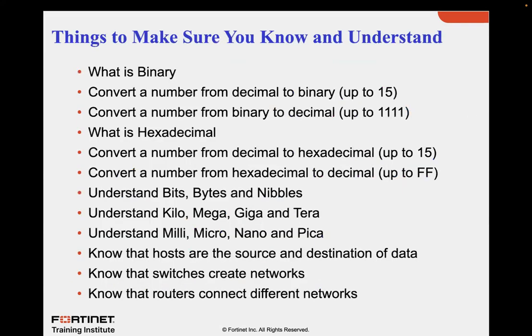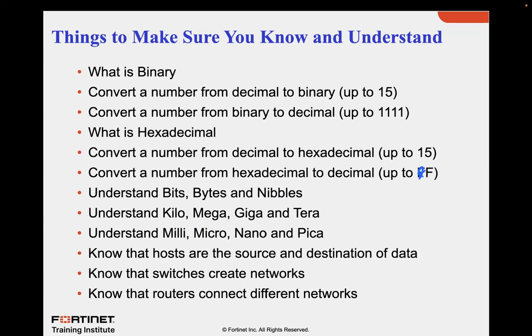So before we start our journey together, you should understand what is binary, have a basic idea of how to convert from decimal to binary up to 15, and from binary to decimal from 0, 0, 0, 0 up to 1, 1, 1, 1. What is hexadecimal? How hexadecimal symbols represent numbers from 0 to F, and how you would convert a hexadecimal number to binary from 0 to F, what that would be in decimal.